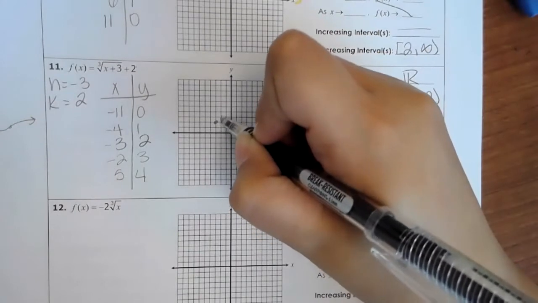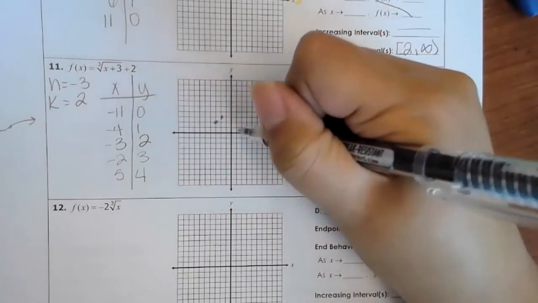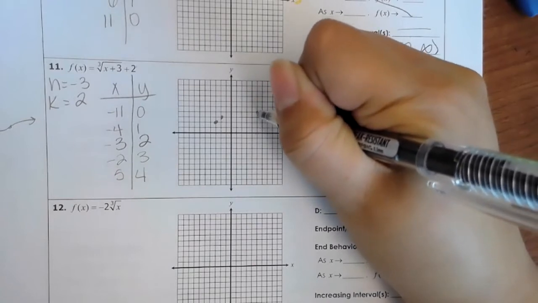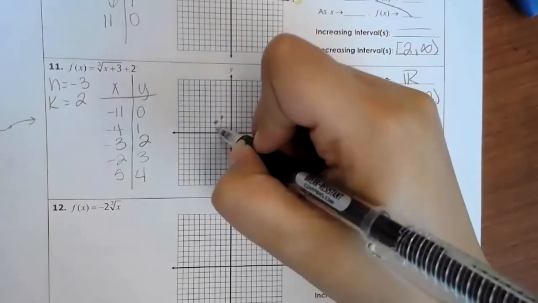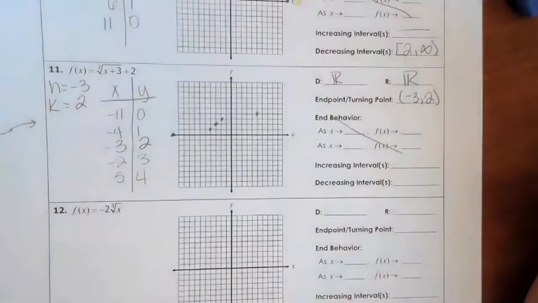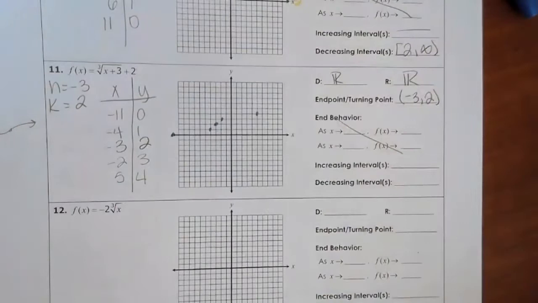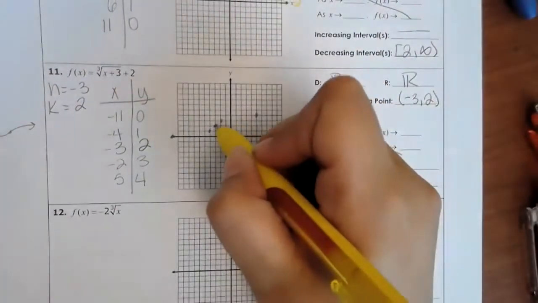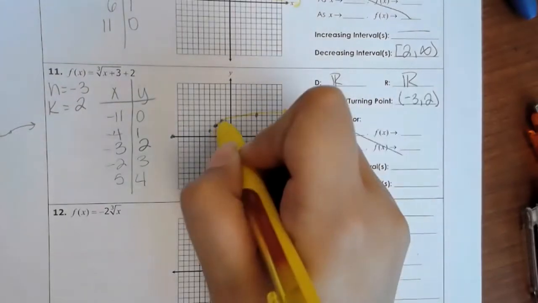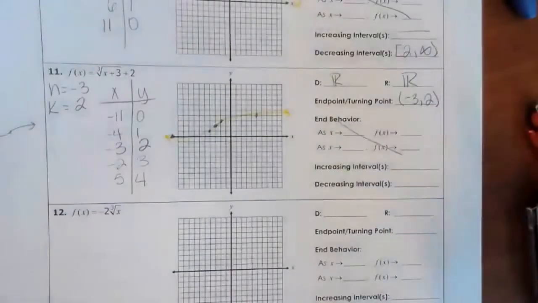Negative 2, up 3. Over 5, up 4. Negative 4, 1. And the other one, negative 11, 0 would be right there. So when you graph this one, I like to start at the turning point and curve up and then curve down.